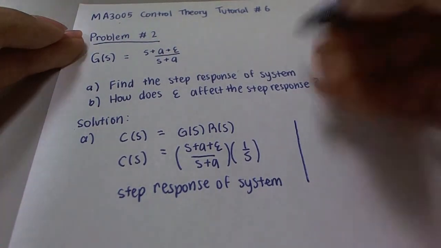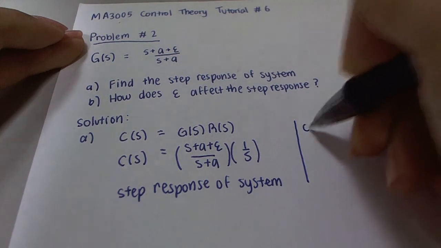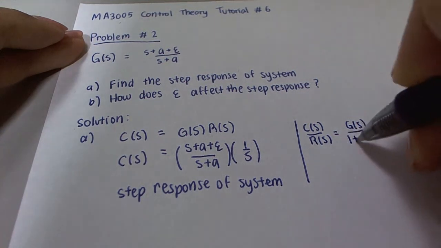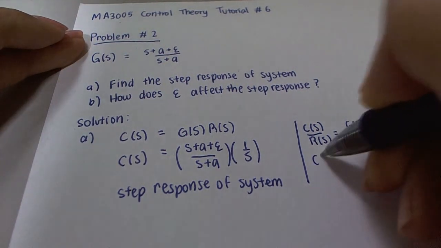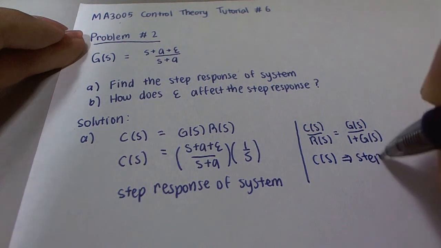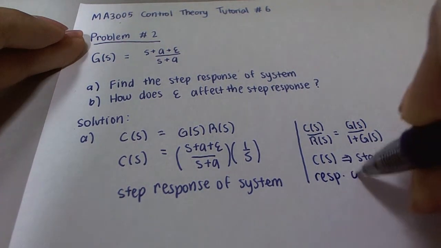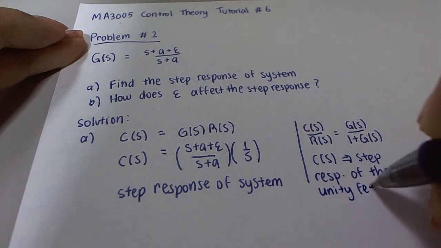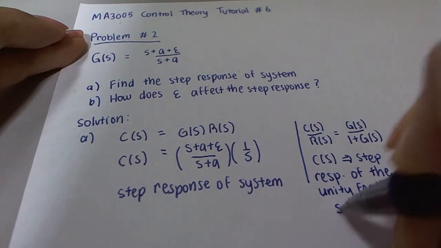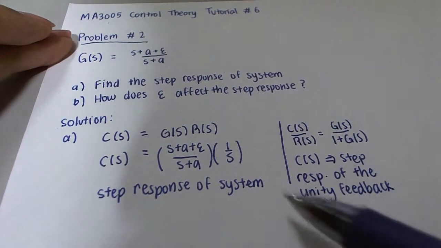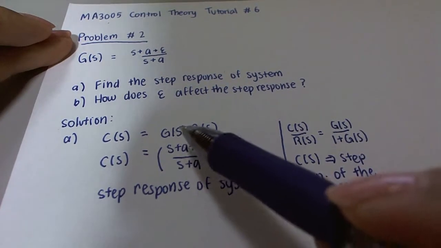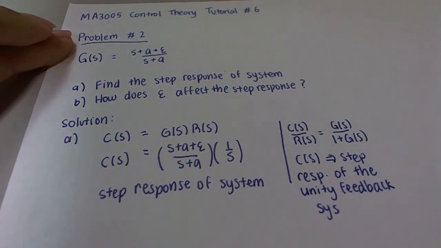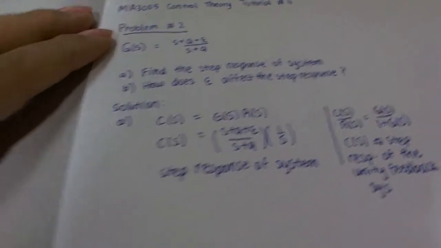If I have to write it down here, we will have C(s) over R(s) equals G(s) over 1 plus G(s), and C(s) corresponds to the step response of the unity feedback system. So these two are different. In here we basically just take the open loop and multiply it with the input, and here we have to first find the closed loop transfer function.